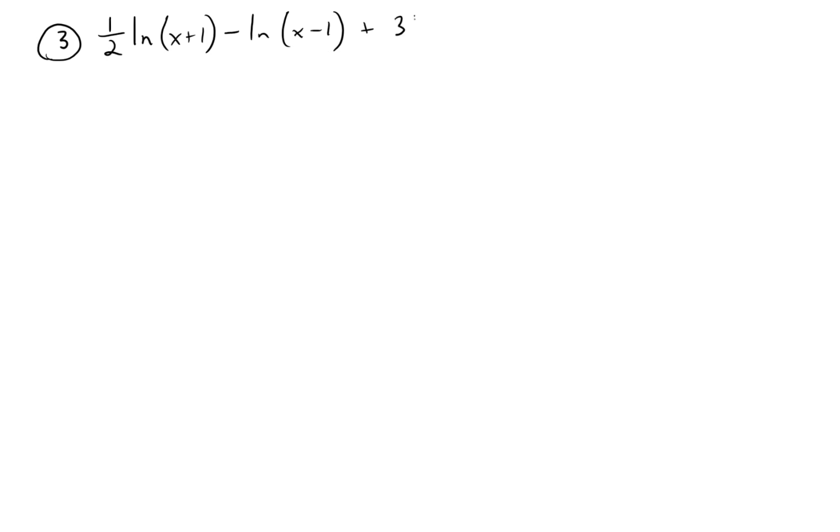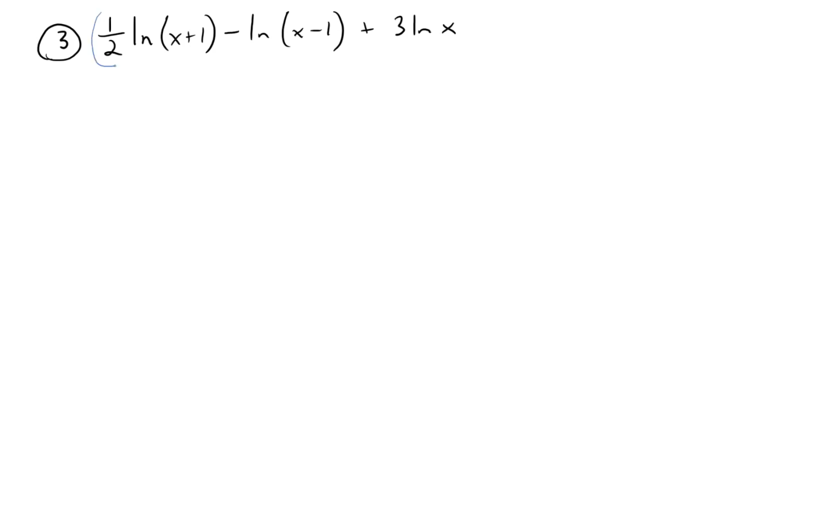Problem 3, we have 1/2 times the natural log of x plus 1 minus the natural log of x minus 1 plus 3 times the natural log of just x. So let's deal with coefficients first.